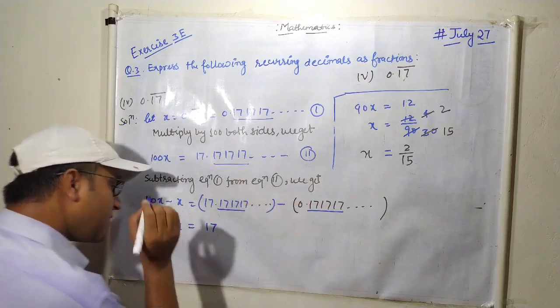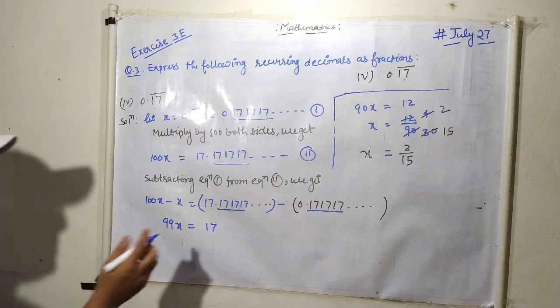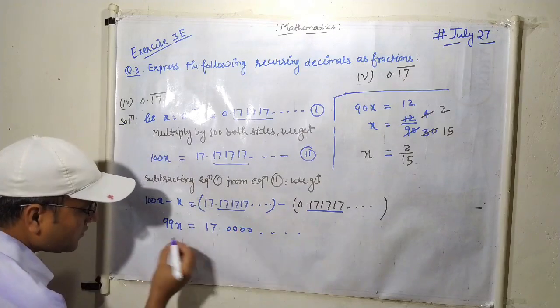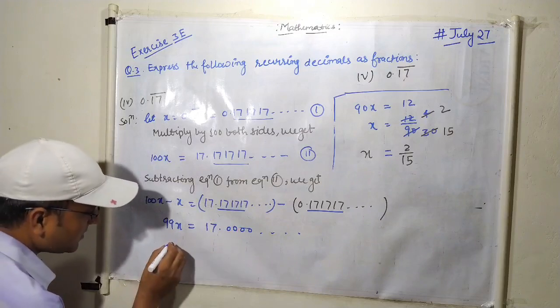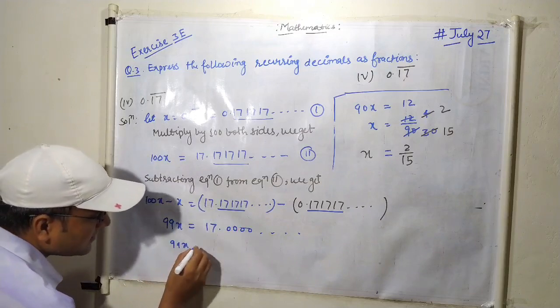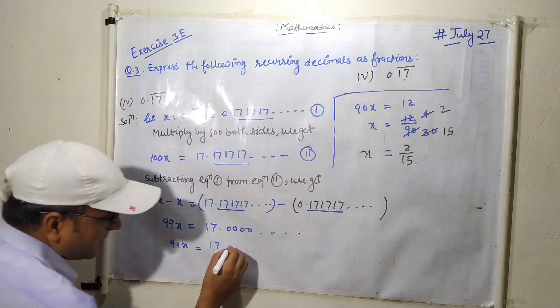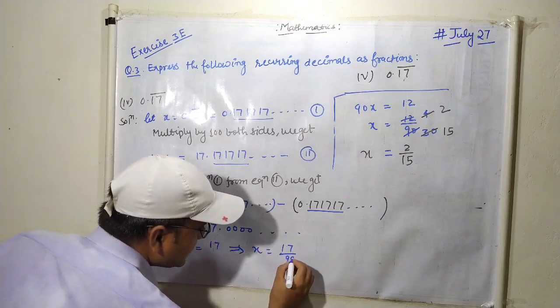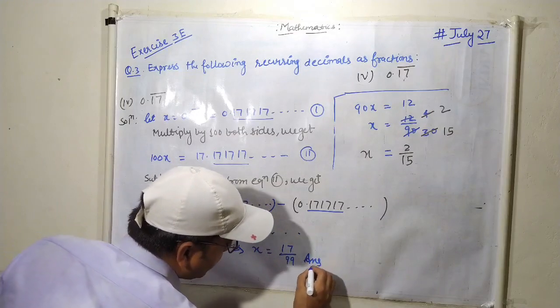Then what is remaining here? 17.000 and so on. After the point only zeros, so you leave this. So 99x is equal to 17, then x is equal to 17 upon 99, and this is your answer.